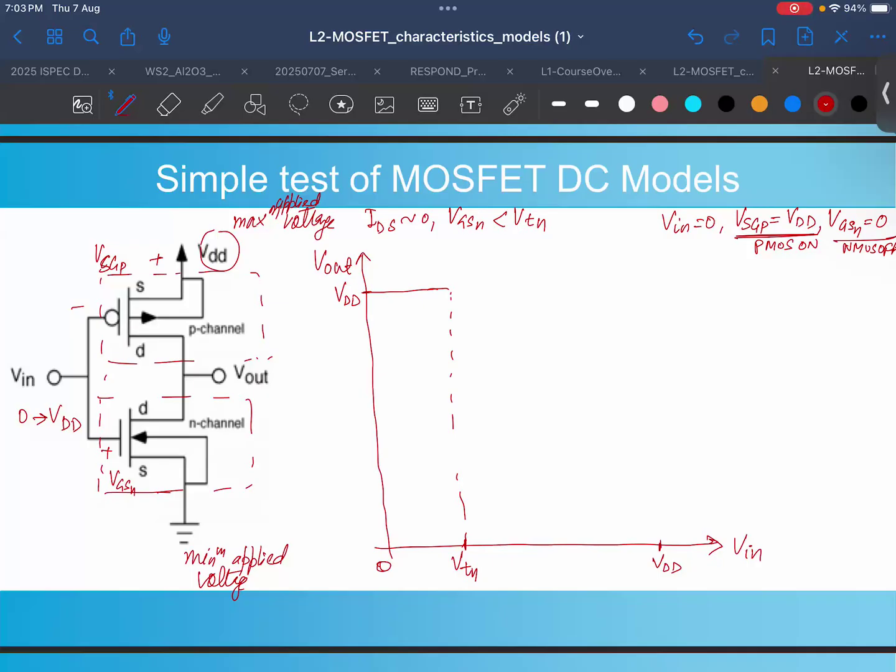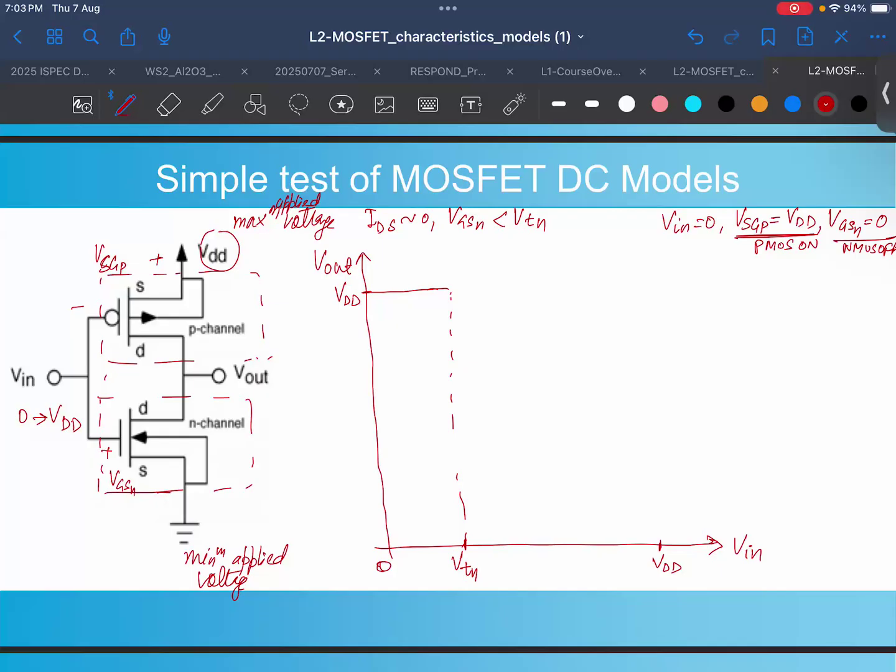So what happens when it turns on? It sees a very large VDS across it, and VGS is just above threshold, so the overdrive, VGSN minus VTN, which is V in minus VTN, is very close to 0.